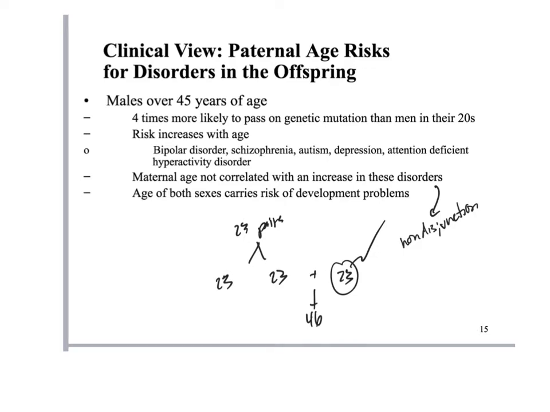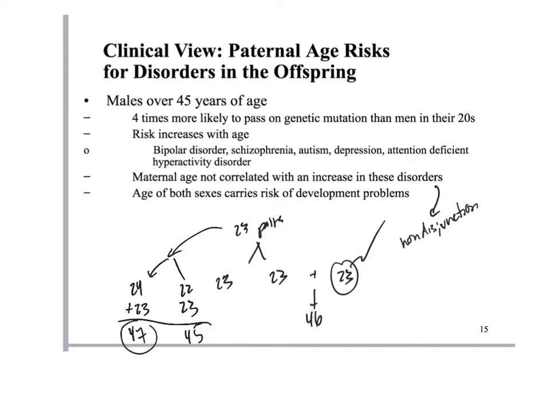But if one of these 23 pairs doesn't split, then one of them will be 24, and the other one would be 22. Plus the 23 from another gamete, what do you end up with? 45 or 47.